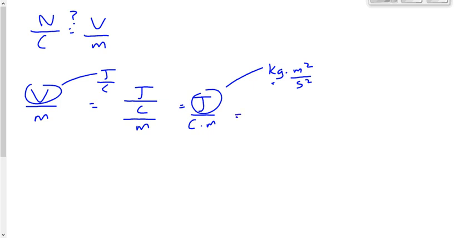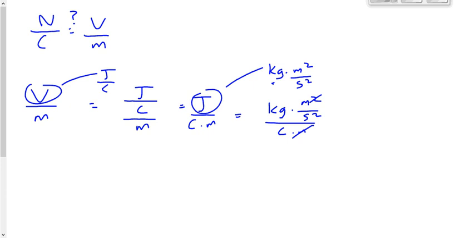Now we got kilograms times meters squared per second squared over coulombs times meters. Good? Okay, so now let's see here. Let's cross off one of the meters, because you got one on the top and one on the bottom. That simplifies things a little bit, right?